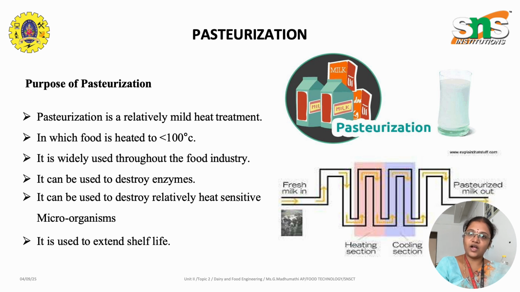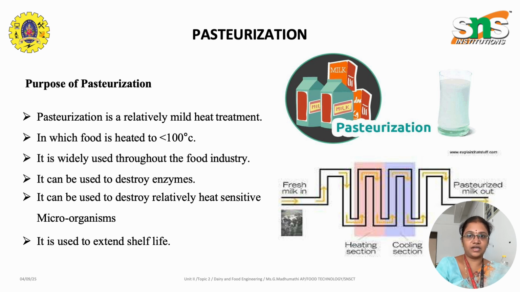Mainly, the ultimate aim is to preserve the particular food. In order to preserve it, we have to destroy the heat sensitive microbes or organisms present within the food material. For that, pasteurization is a technique where food is heated to less than 100 degrees Celsius, so that the enzymes or sensitive organisms present will get destroyed or killed.